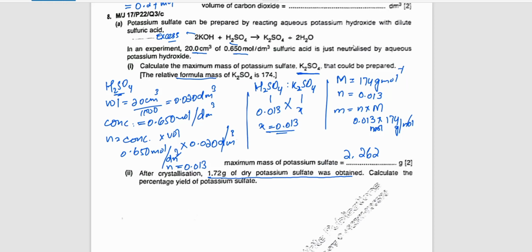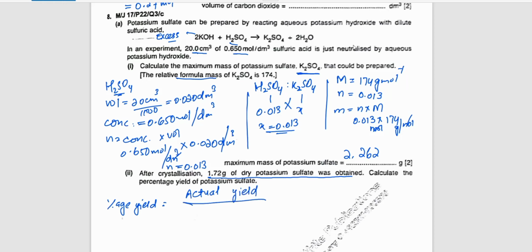After crystallization, 1.72 gram of dry potassium sulfate was obtained. Calculate the percentage yield. You know that percentage yield has the formula actual yield, which is actually obtained from the experiment, from the practical, divided by theoretical yield, multiplied by 100. Okay, when we get it practically, then it is called the actual yield.